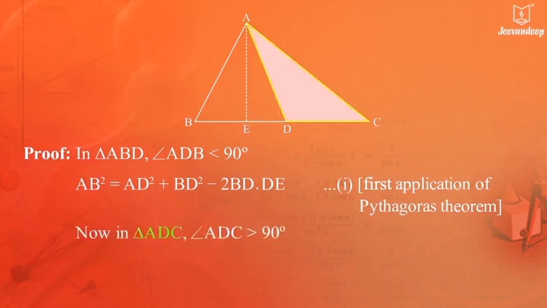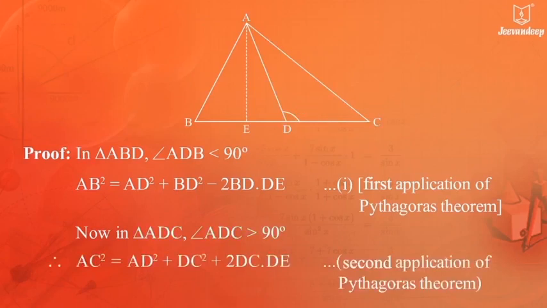Now, in triangle ADC, angle ADC is greater than 90 degrees. Therefore, AC square equals AD square plus DC square plus 2DC DE, according to second application of Pythagoras Theorem.